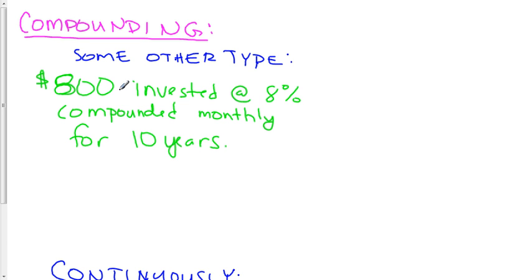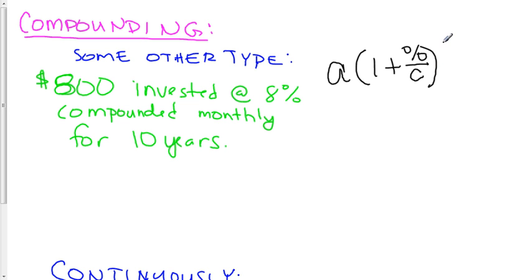So if you have $800 invested at 8% and it's compounded monthly for 10 years, if you recall the formula for compounding, your A value doesn't change. It is still 1 plus the percent, but now you have to take the percent, which is an annual rate, and since we're compounding it monthly, we have to divide by the number of compounds in a year.